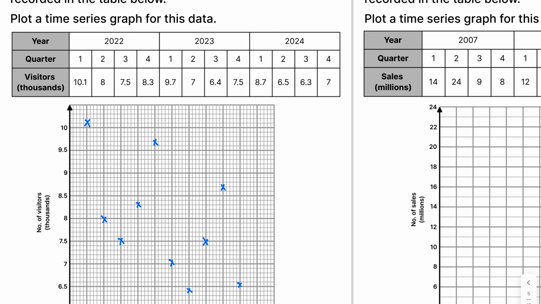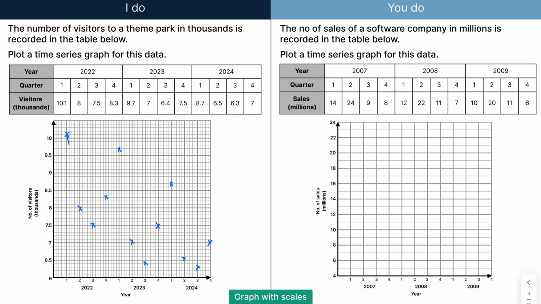Now 6.3 is right down here, so that would be there. And 4 and 7, that would be there. So that is that done. Now I've just got to connect all the points with a straight line. That essentially is what that looks like.